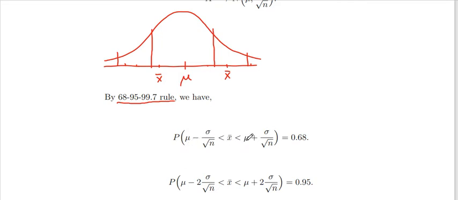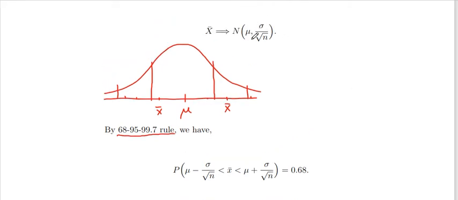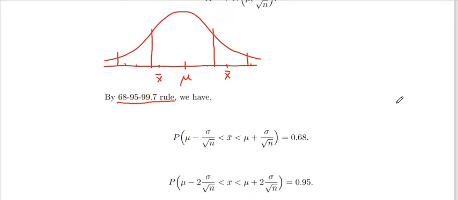So X bar is between mu minus and mu plus 1 sigma over radical n, where mu is here. In this range is 68%.